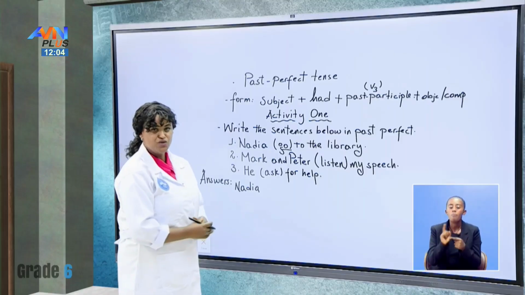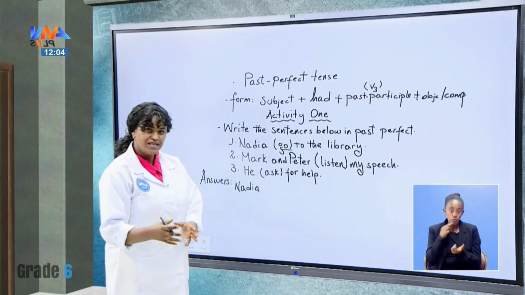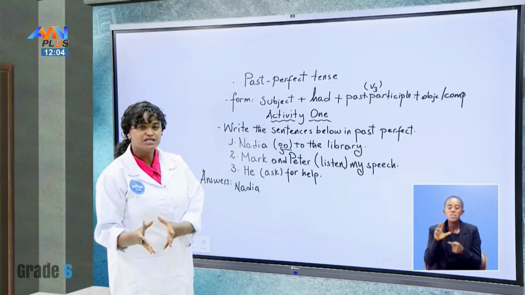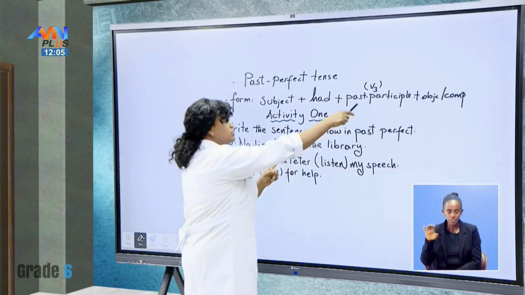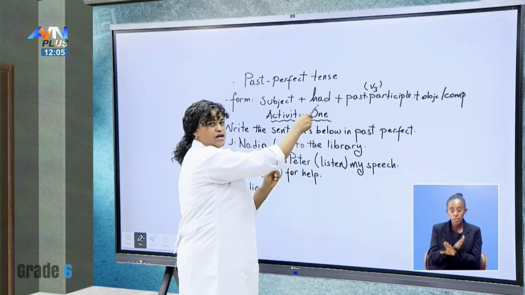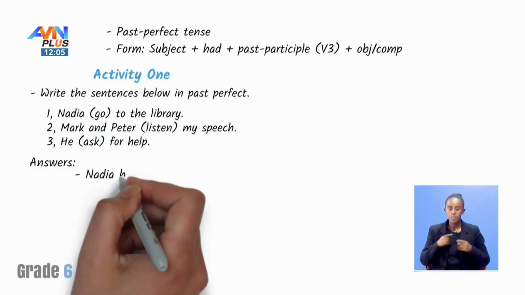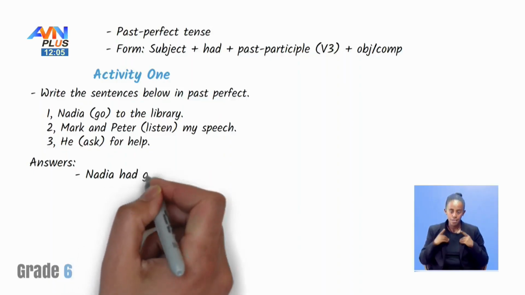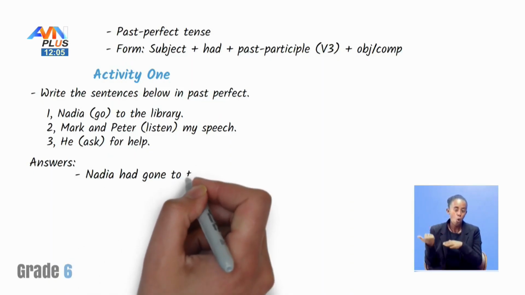Go, as you know, is an irregular verb. V2 is went, and the V3 or the past participle is gone. But before we pass to gone, what do we have here? An auxiliary, had. So, Nadia had gone to the library.